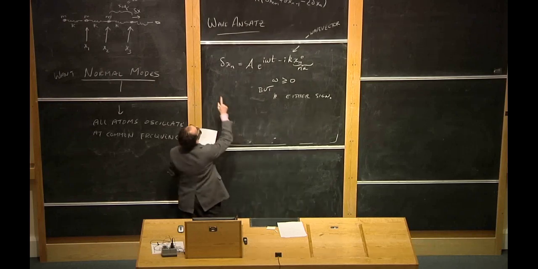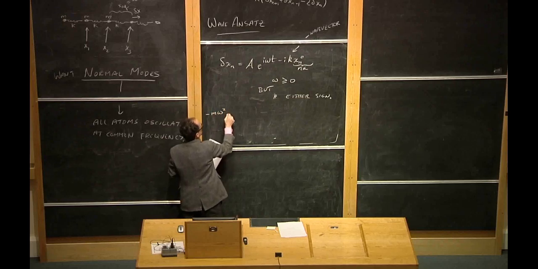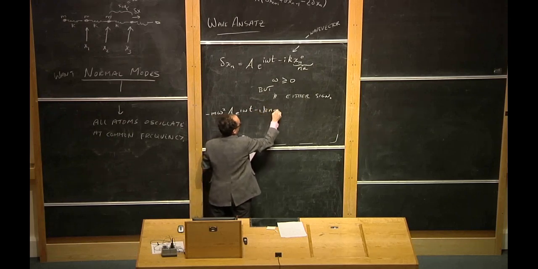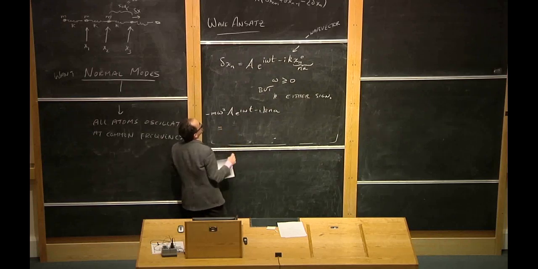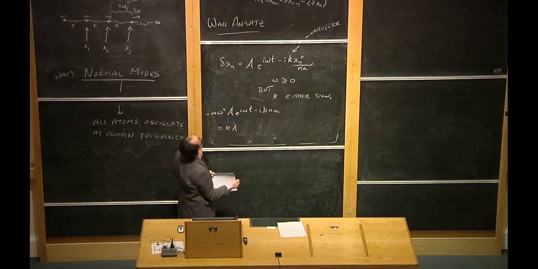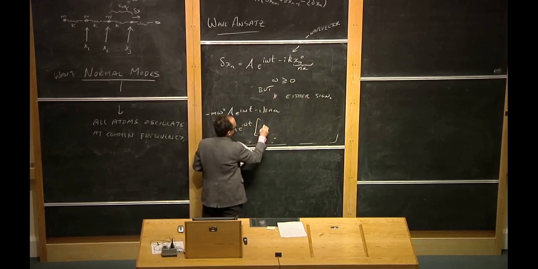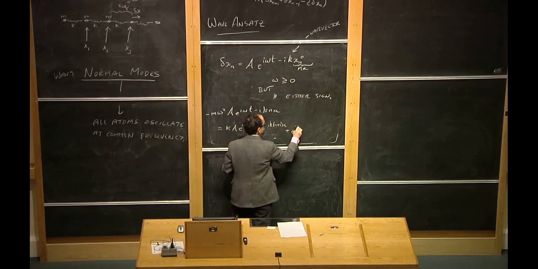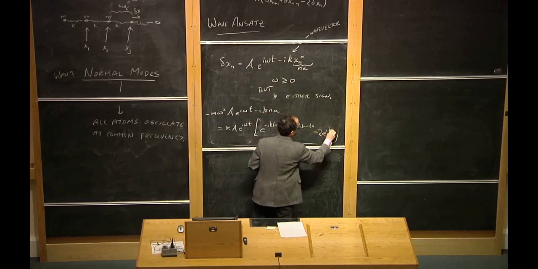All right? Well, if we plug it in on the left-hand side, we get minus m omega squared times a e to the i omega t minus i k n a. Two derivatives brings down minus omega squared. And then on the right-hand side, we get kappa a, there's an e to the i omega t which is common to all the terms, and then we get e to the minus i k (n plus 1) a plus e to the minus i k (n minus 1) a minus 2 e to the i k n a.